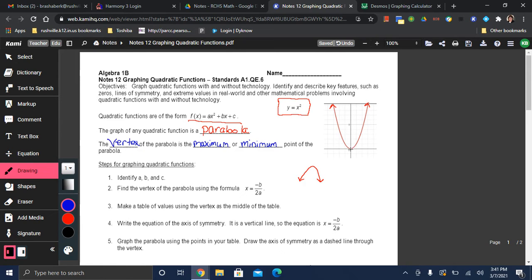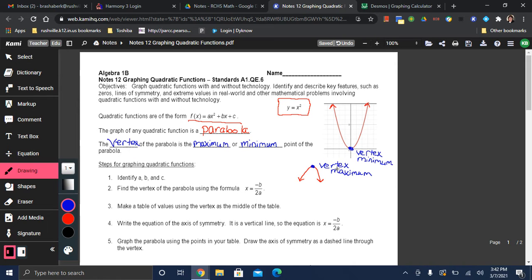So in the graph that I have provided, the vertex in this case is a minimum. It's the lowest point on that parabola. The one that I drew in, that vertex would be a maximum. It's the highest point of that parabola.